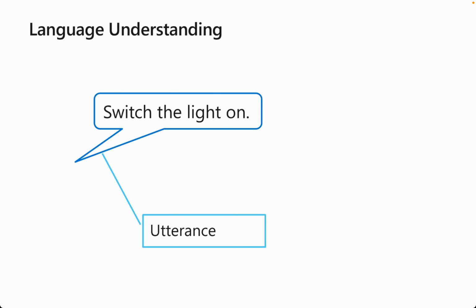Switch the light on, turn the fan off, turn the fan on, turn the heater off, etc. That is an utterance. And an entity is a specific item that is referenced in an utterance. And let's talk about, like, we're doing home automation here.